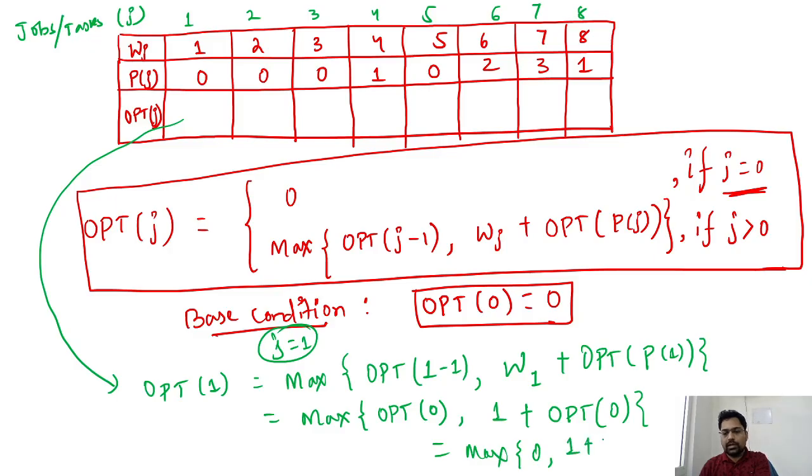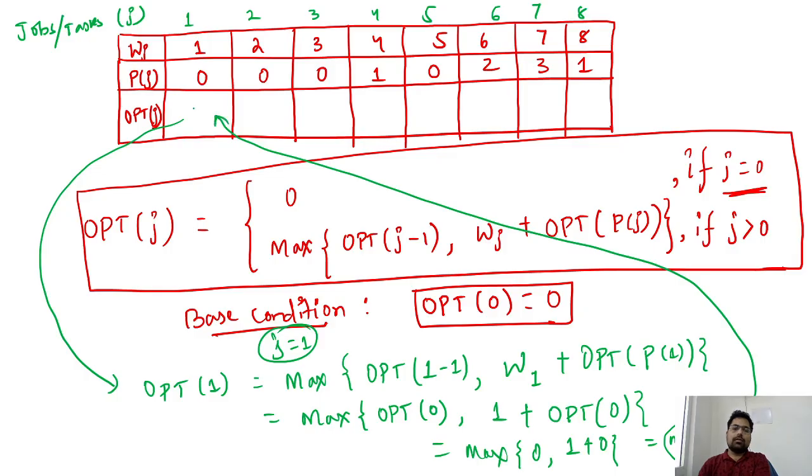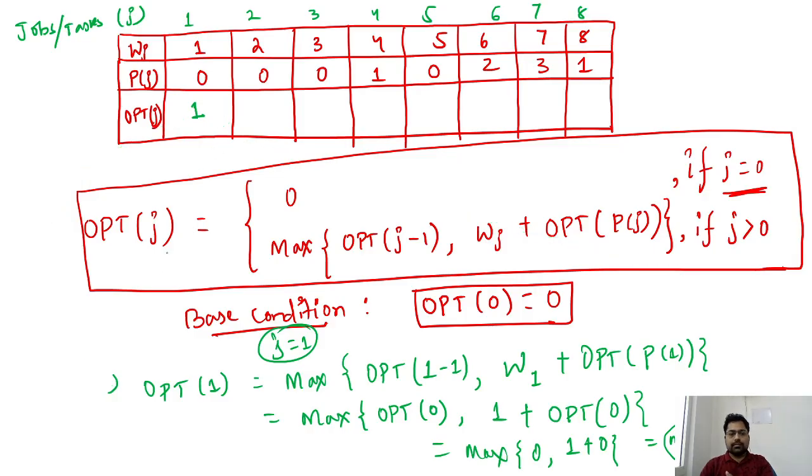So 1 plus OPT 0, the maximum of 0 comma 1. Out of this max function the answer should be 1. Clear? So we have to use the OPT, and based on that we are finding the answers. I hope it is clearly understood to you.